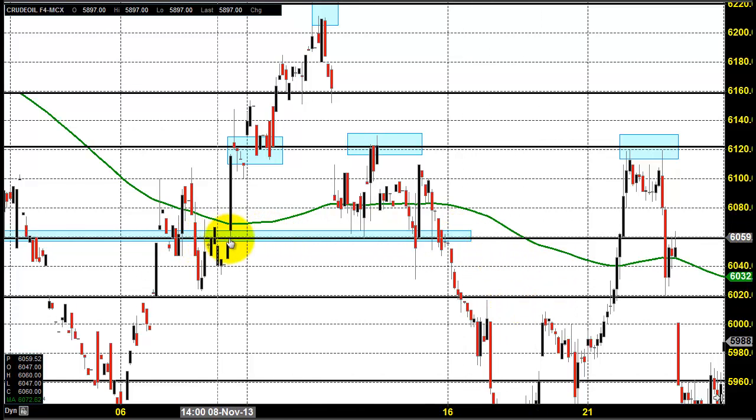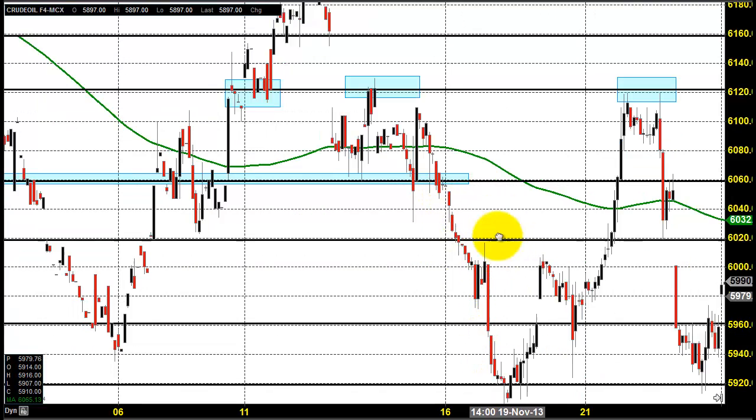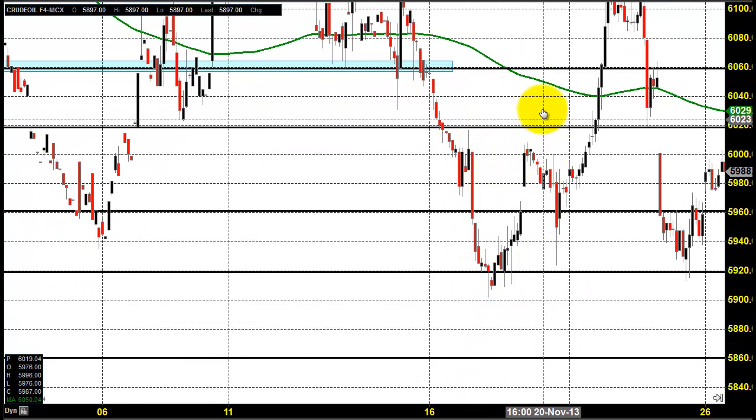You can just follow that from November 12th. The price took some support here. Whenever there is huge price action happening in a particular zone, it means that so much participation is happening in that zone. So on November 13, 14, you can see this provided a support, and a failure below this pushed the price down to 5920.